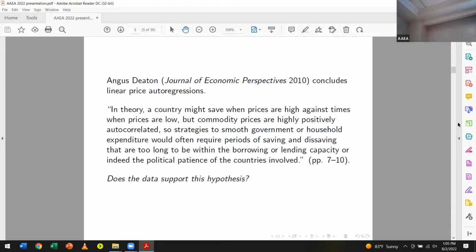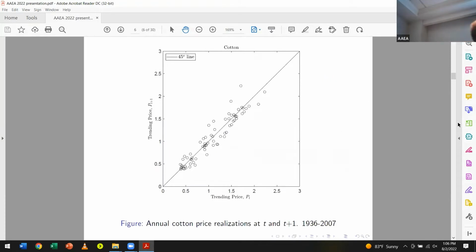Basically, he's saying, if you look at the autoregression, say the price at t+1 as a function of the price at period t, you don't see anything much interesting, except that you have just a straight line, a linear autoregression. In other words, now the question is, does the data support this hypothesis of the linear autoregression? Well, looks like yes, right?